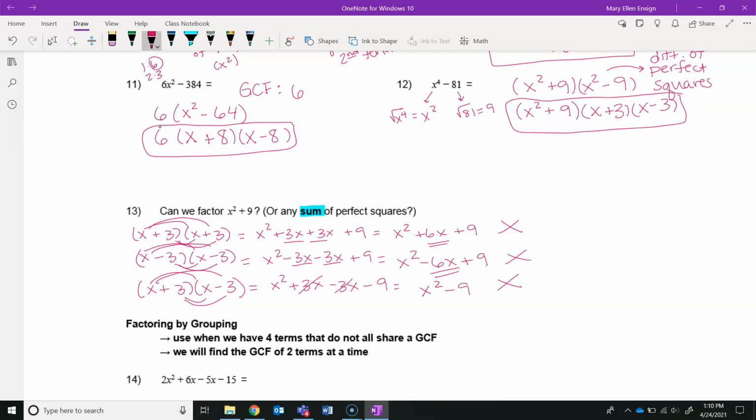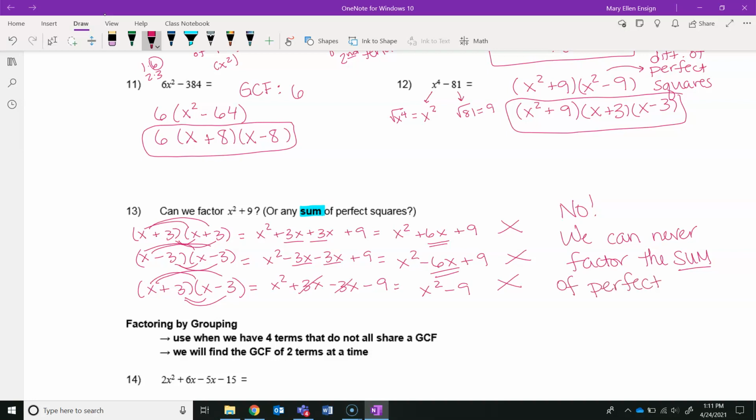So if I want the plus 9 at the end, I have to have 2 numbers that have the same sign that I'm multiplying. But if they have the same signs, then in the middle, they're not going to cancel out. They're going to add together. So we can never factor the sum of perfect squares.